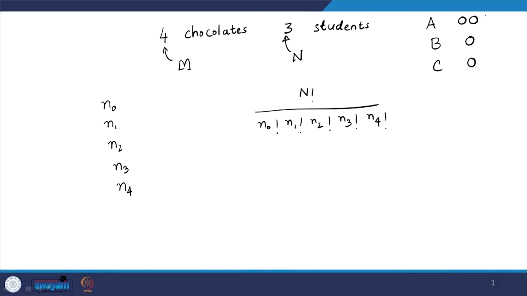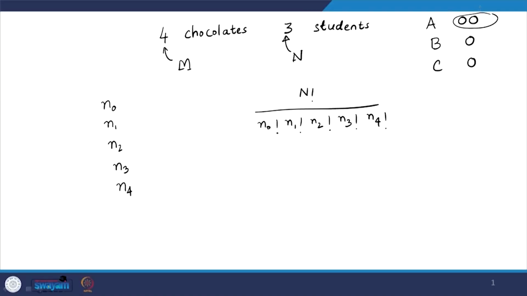In molecular systems, that distinction is not really important, the distribution is more important. So, if we do not have the distinction, in that case we can pick the student containing 2 chocolates in 3 possible ways, because whether A has 2 or B has 2 or C has 2, all of them basically give you the same distribution, that one student gets 2 chocolates, right.